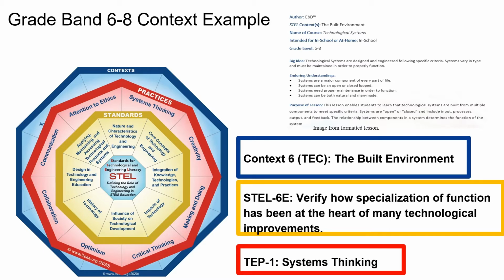Due to the distance from the Earth and extreme working conditions, students must consider every purpose, access to materials, and what skilled structural building work must be done. This project links to TEP-1, Systems Thinking.